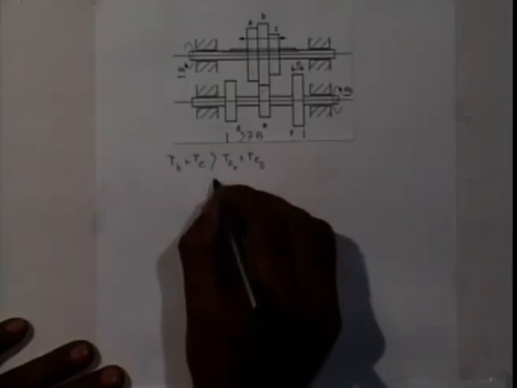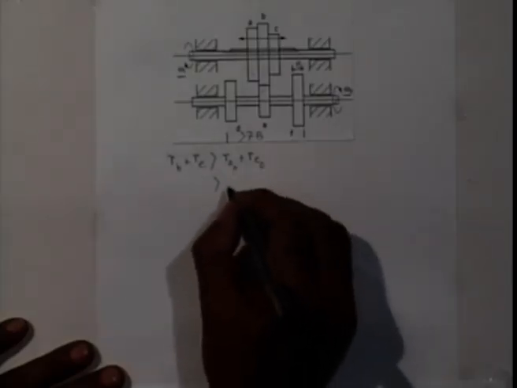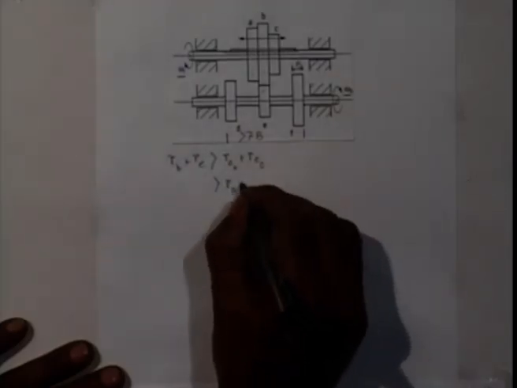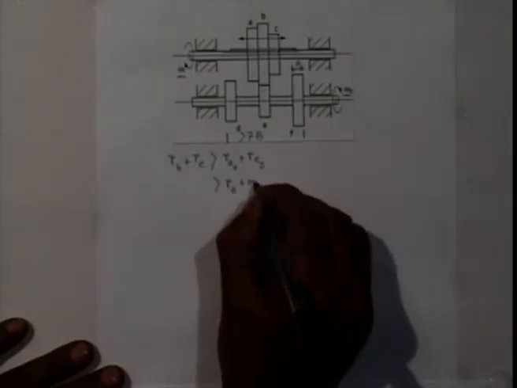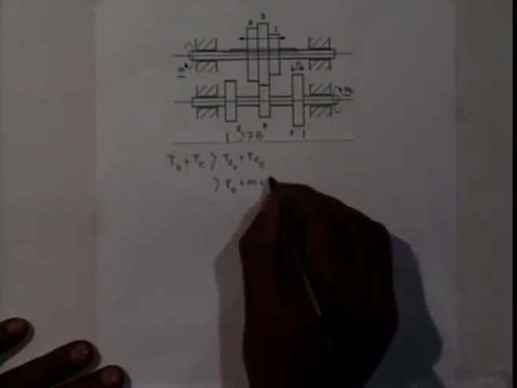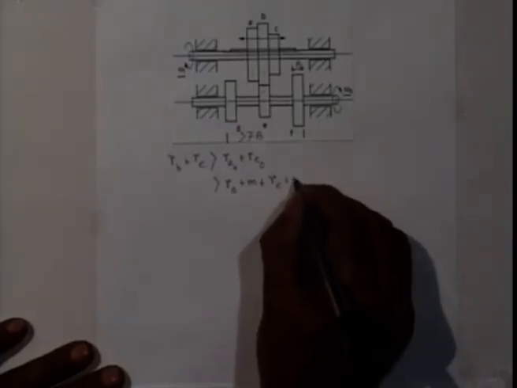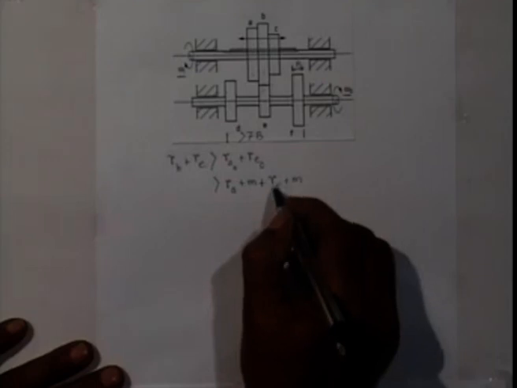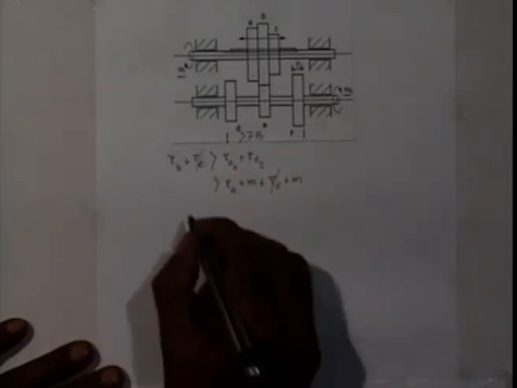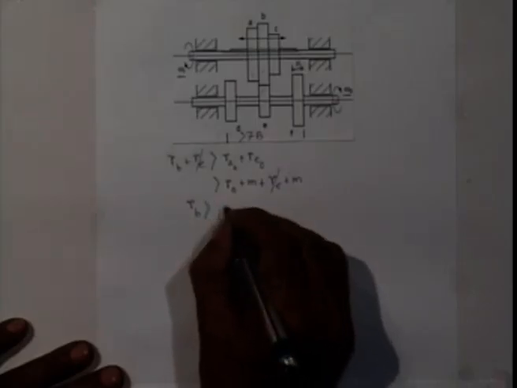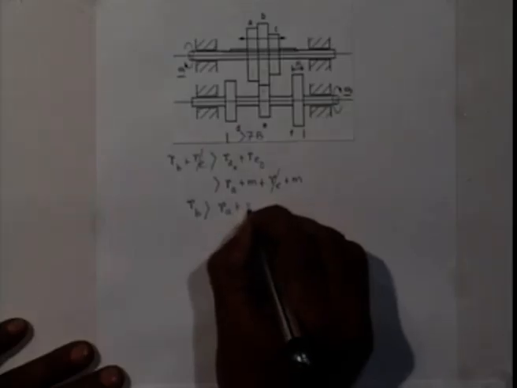Now if you remember, the outer radius is the pitch circle radius plus the module. So if I cancel the pitch circle radius of E, the pitch circle radius of B must be greater than the pitch circle radius of A plus 2m.